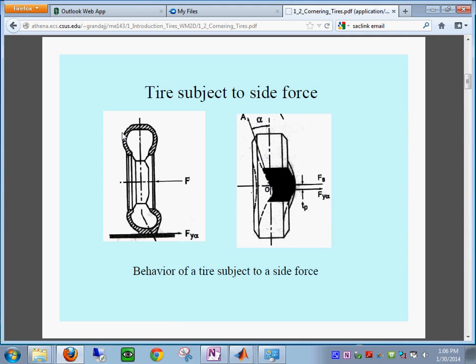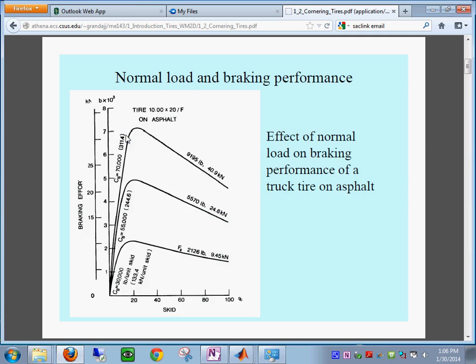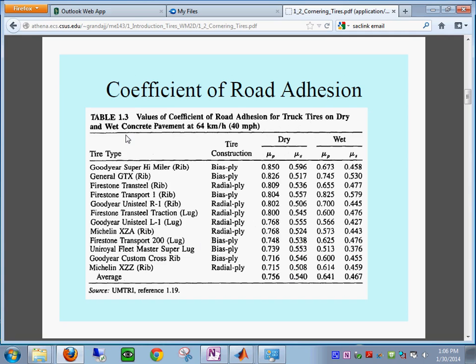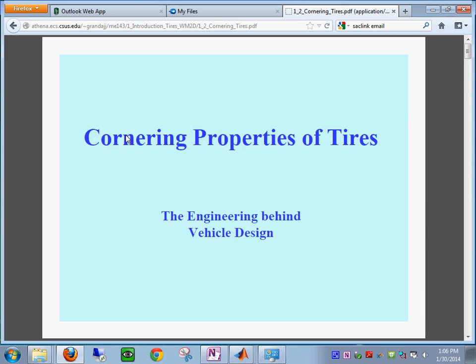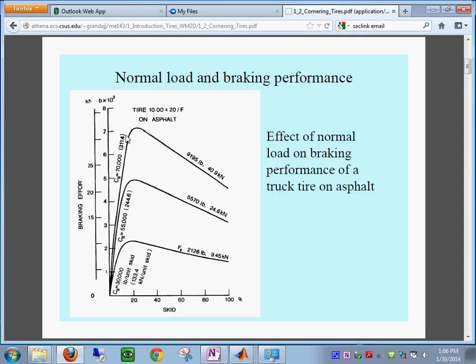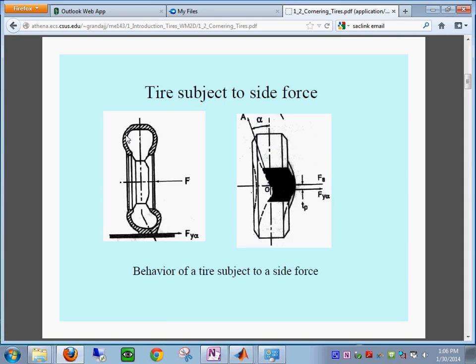Here, this is a realistic view of what happens when the vehicle is going on a corner, so you can see the force is going out and the vehicle is coming towards you like this, and this is what happens to the tire on the bottom.